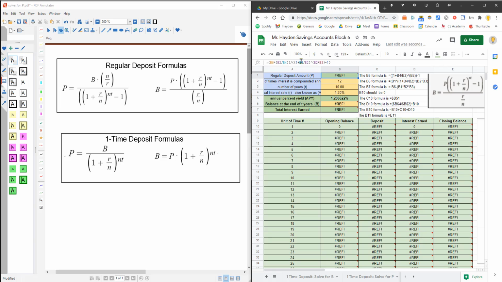B6 times 1 plus... and let's see, what does it say? Circular dependency detected.